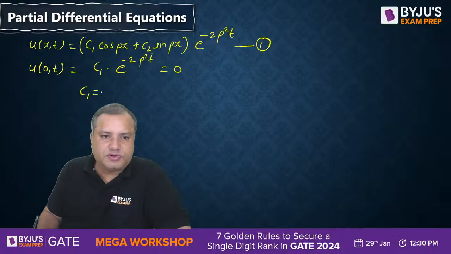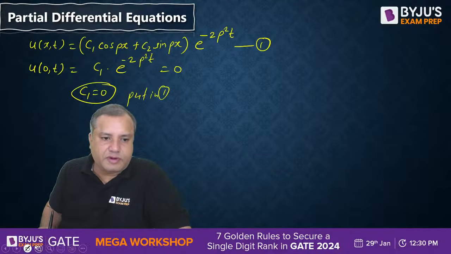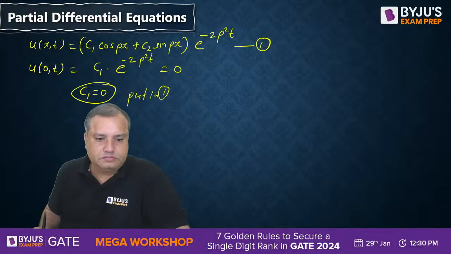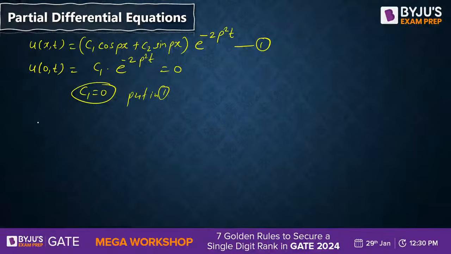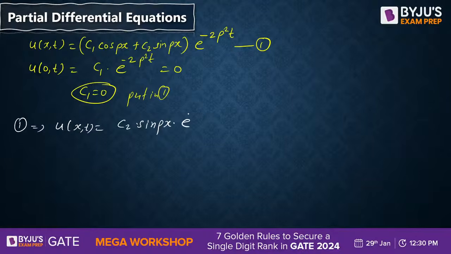It means C1 should be 0. Put this in equation 1. C1 is 0. So we are getting this equation 1 in compact form now. C2 sin px e to the power minus 2 p square t. This is my equation 2.